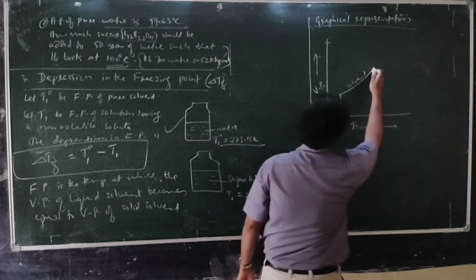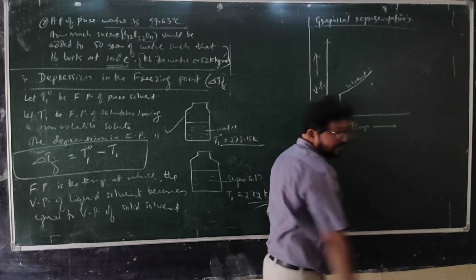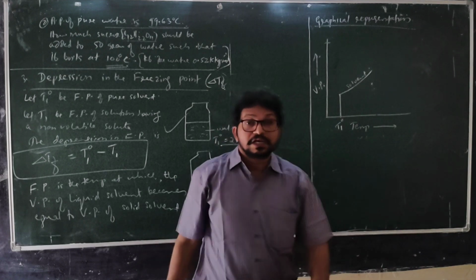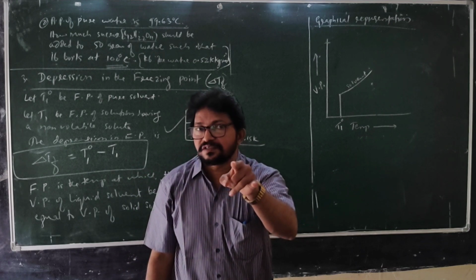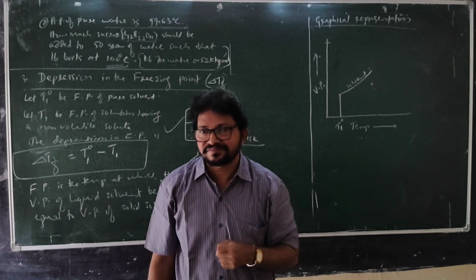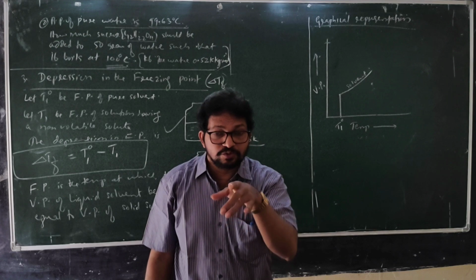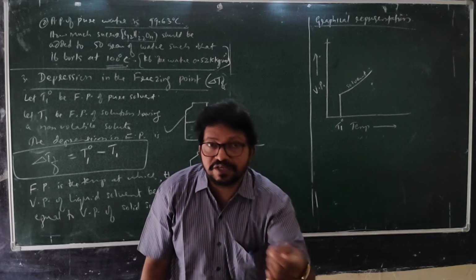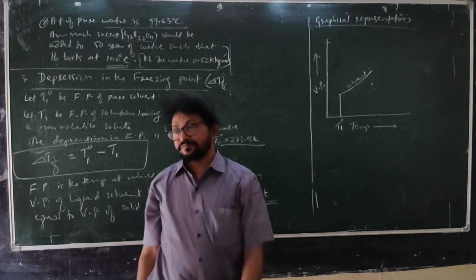So at the same temperature, this will be the vapor pressure of the solution. Now you see, you are freezing the solution where mole fraction of solvent is less. Unless and until you reach the vapor pressure of solid solvent like your solvent, it will not freeze now.